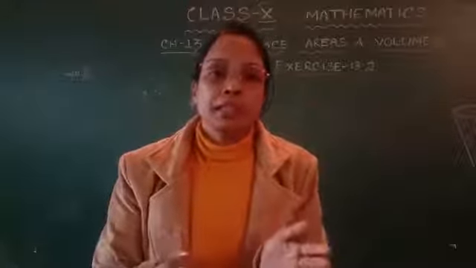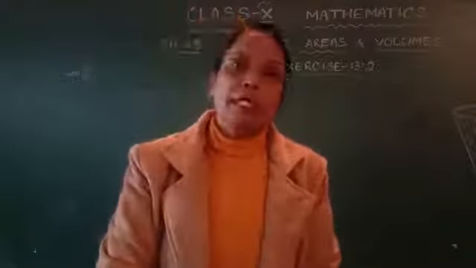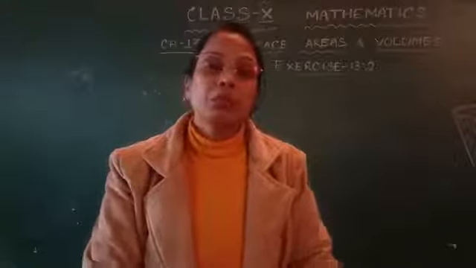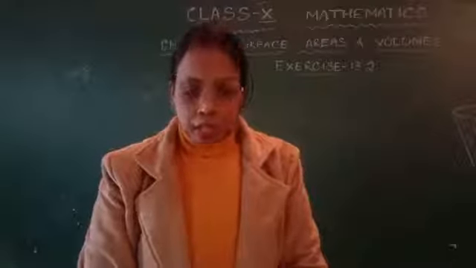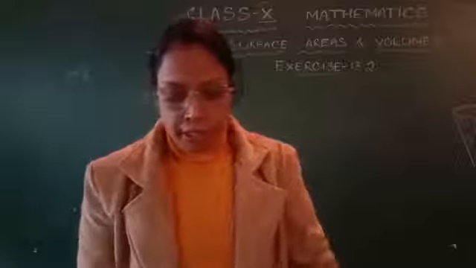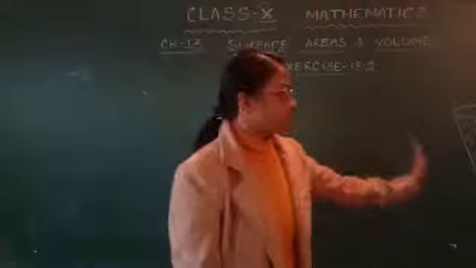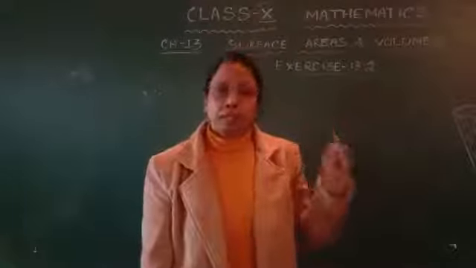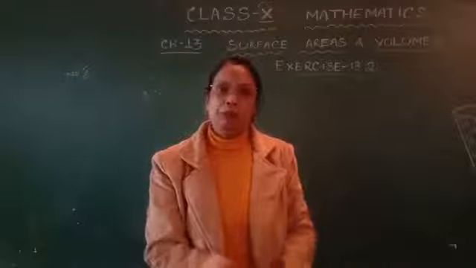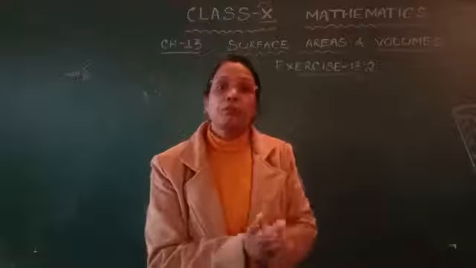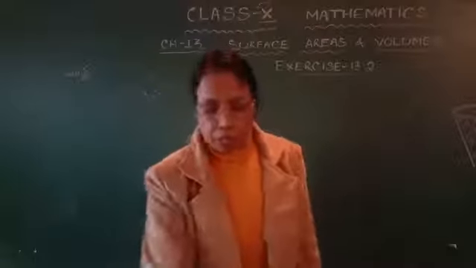That means the volume of lead shots dropped inside the vessel is equal to the volume of water flowing outside. So the question says find the number of lead shots dropped in the vessel. So in this question, the volume of water that flows out is equal to the volume of lead shots dropped inside the vessel.